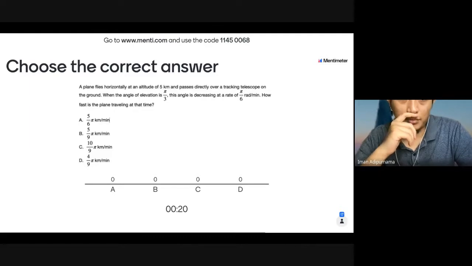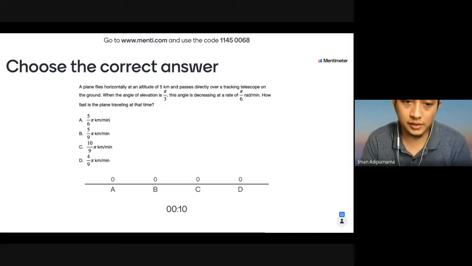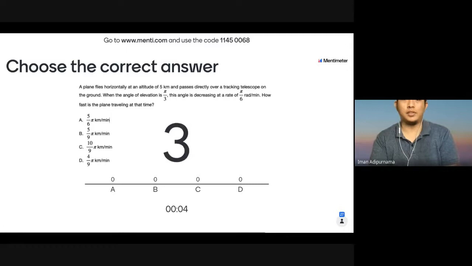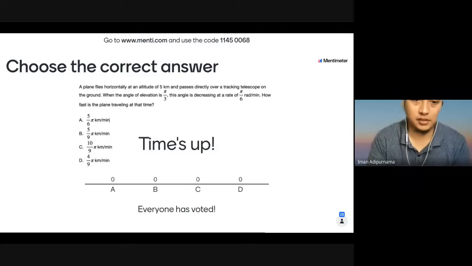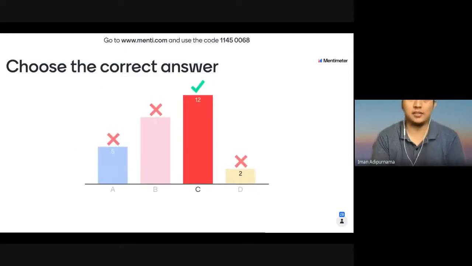Around 20 seconds. 15. 10 seconds. Okay, just random answers now. No time left.